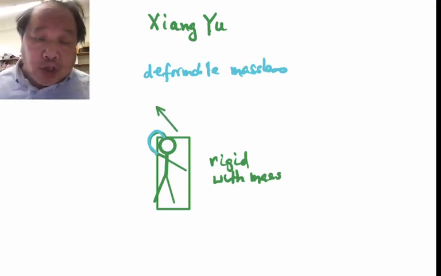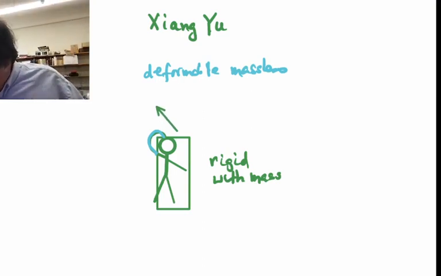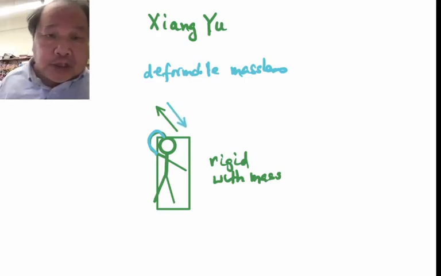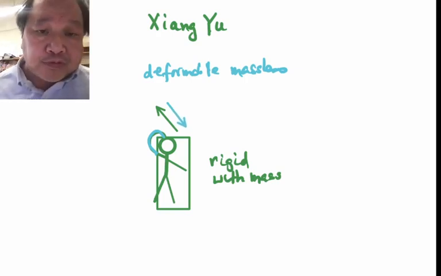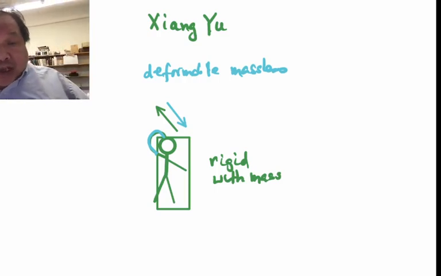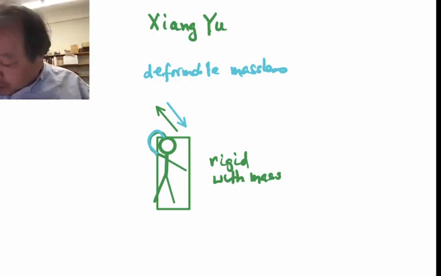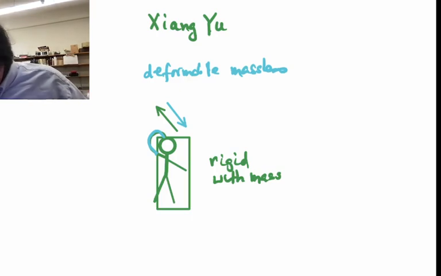By Newton's third law, the massless arm is feeling a force of equal strength in the opposite direction. And since the arm we've assumed is massless, there must be another force canceling out the force I just drew, which is at the other end of the arm.